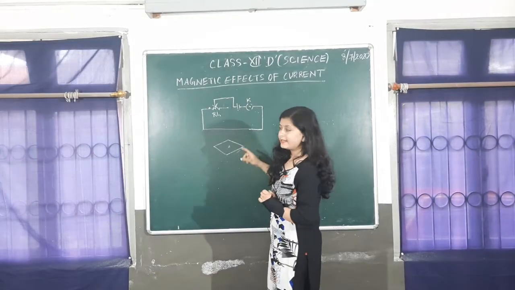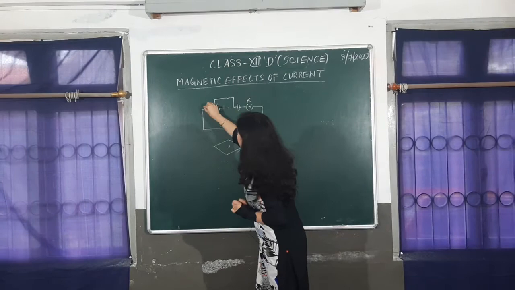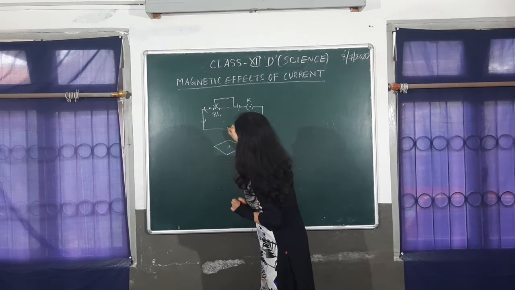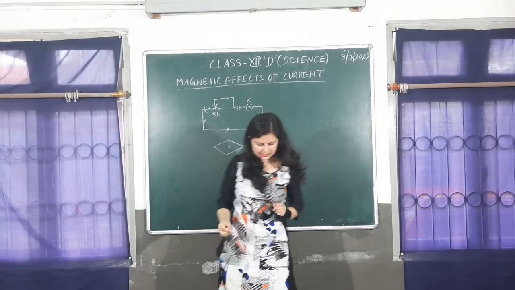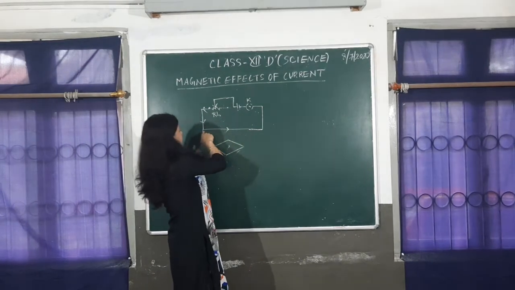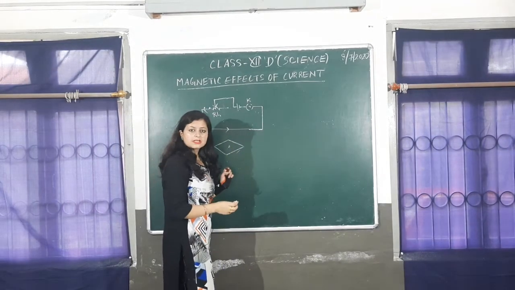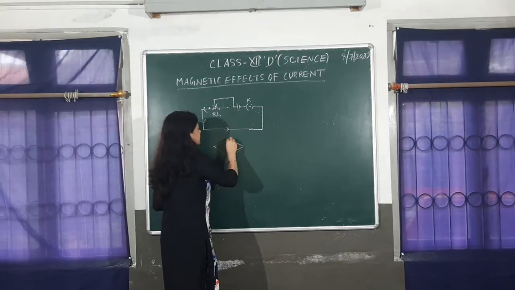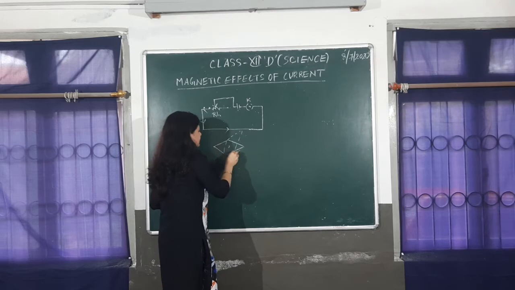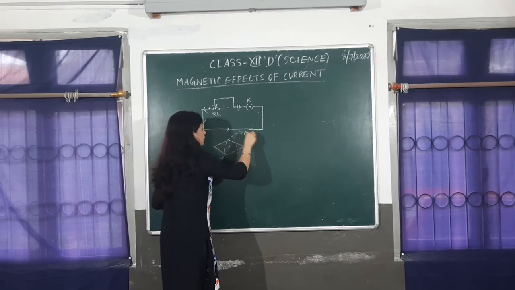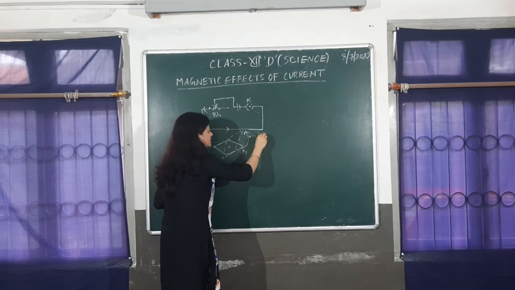The direction of flow of current will be from positive to negative. So just above the needle, the current is flowing from this side to this side. What Oersted saw in his experiment was that the north pole of the needle deflected towards the west.